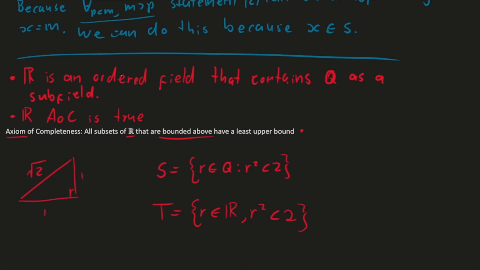It is the definition of the real numbers, that it satisfies the ordered field axioms and the axiom of completeness. So it has to have a least upper bound, and what we're going to begin to show is that that least upper bound is exactly what the square root of 2 is.